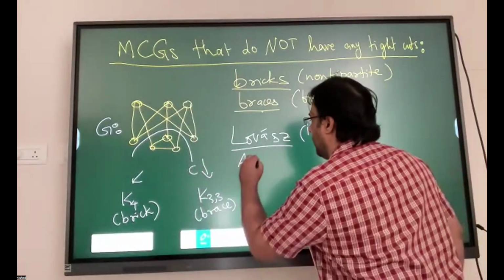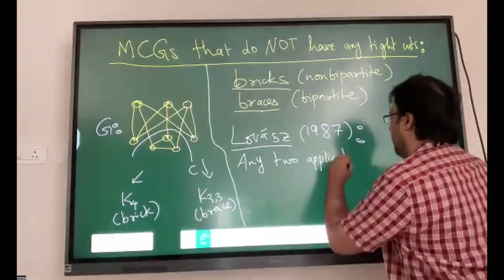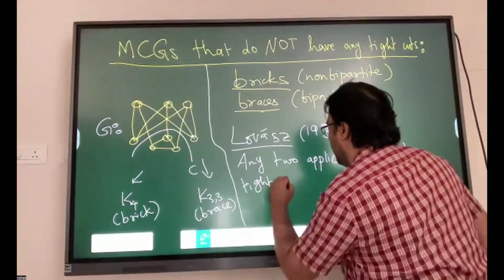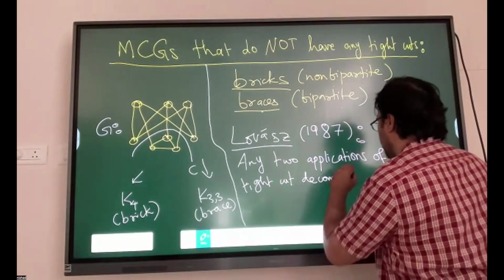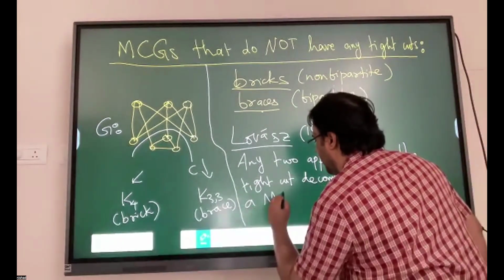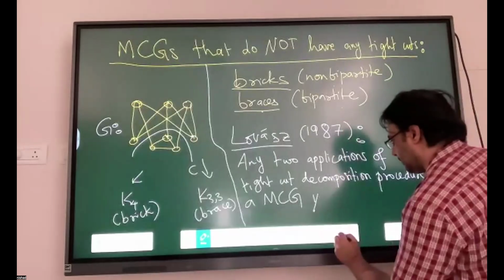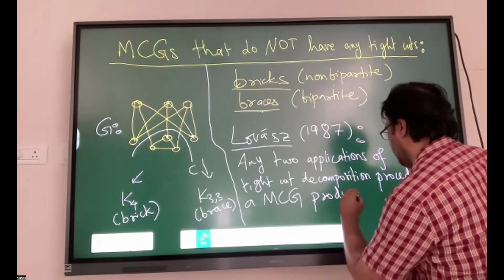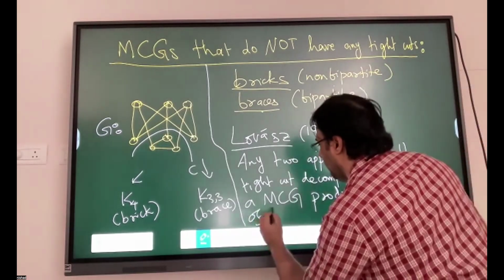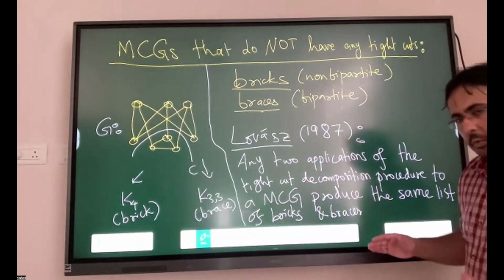Any two applications of the tight cut decomposition procedure to a matching covered graph yield or produce the same list of bricks and braces. Right? So when you do this procedure, you will get a list of bricks and braces.